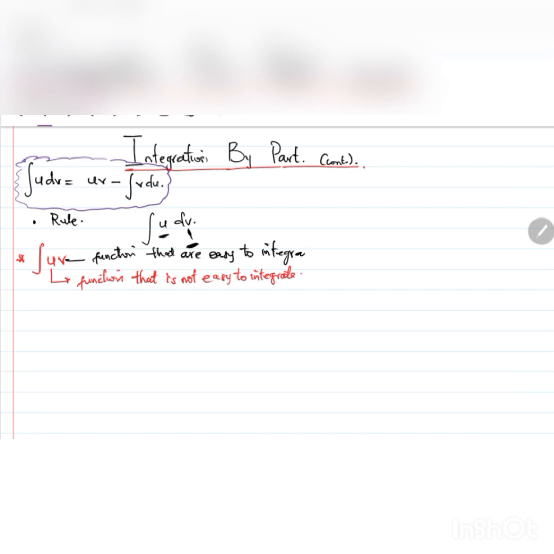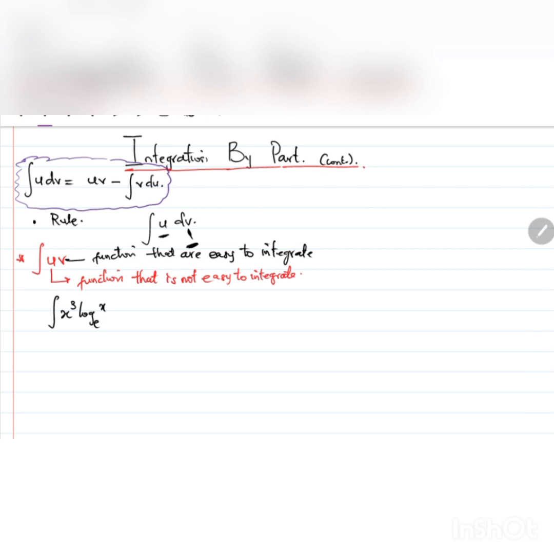So in case we are given two functions, the first thing you have to do is look at it very well. Is there any function that is not easy to integrate? If you can figure out a function that is not easy to integrate, then that function will be your u, and the one that is easy to integrate will be your v.